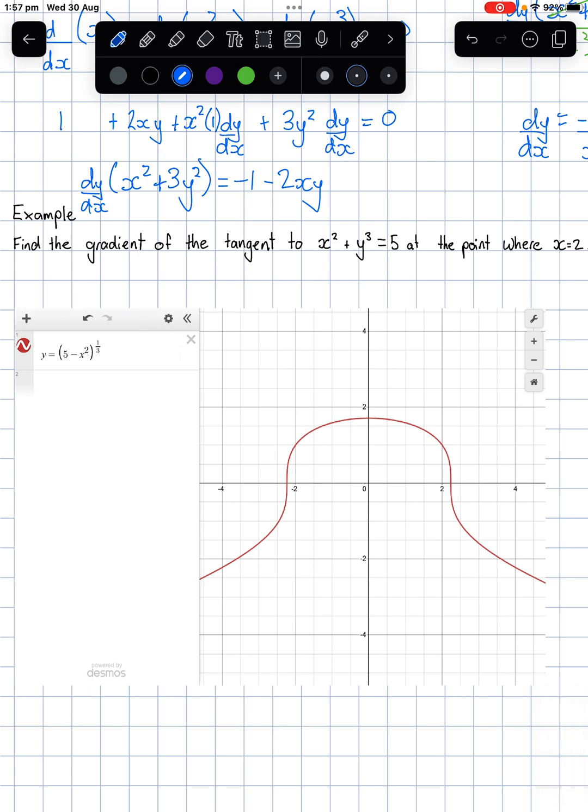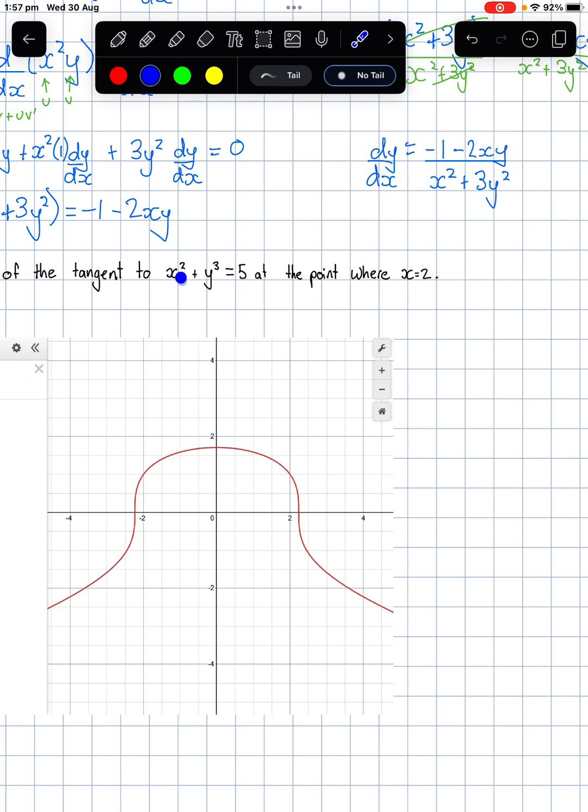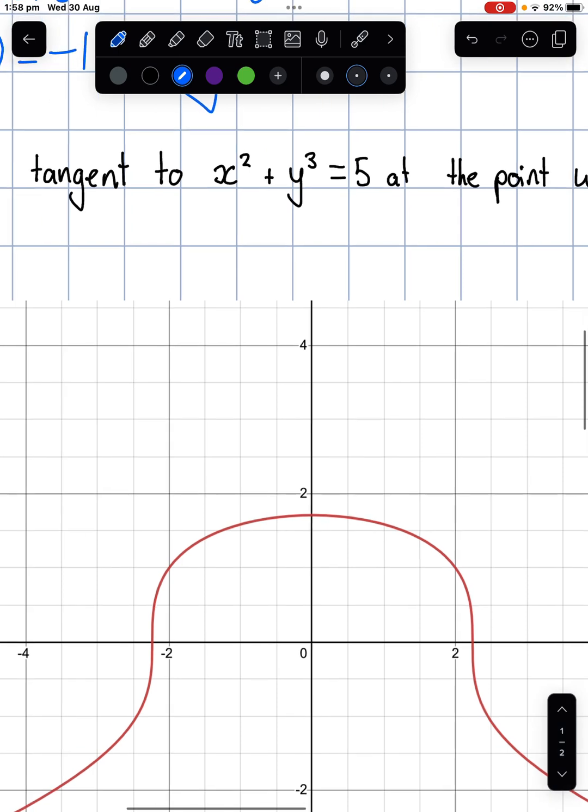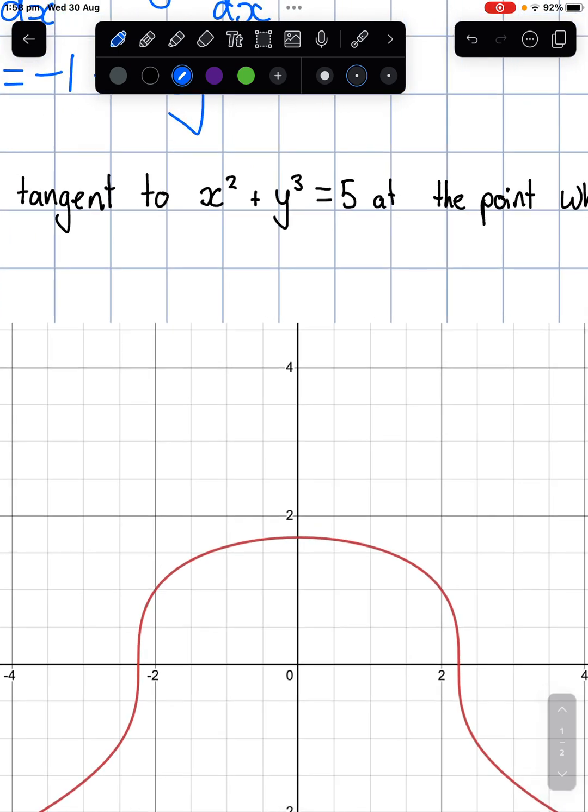All right, this next one here, so find the gradient of the tangent to x squared plus y cubed equals 5 at the point where x equals 2. So I've actually been a little bit ahead of the game and I've done a Desmos with this, but let's just consider this function here. So let's do implicit differentiation. So we're going to do the derivative with respect to x.